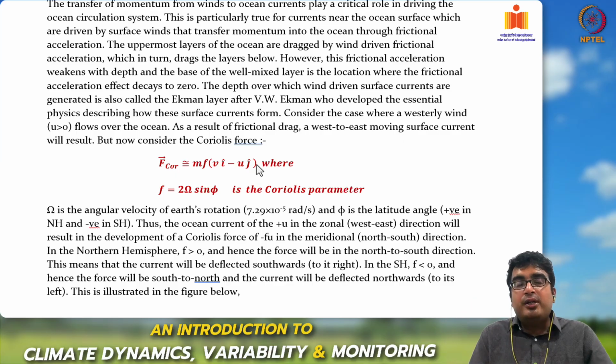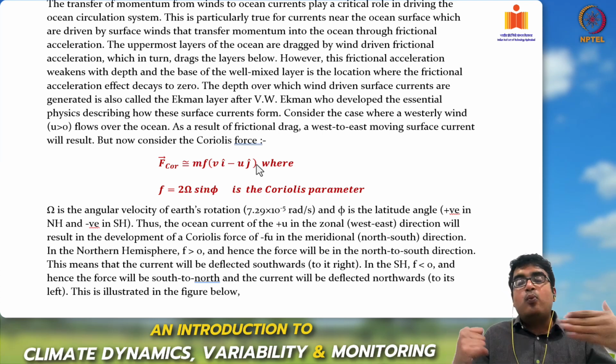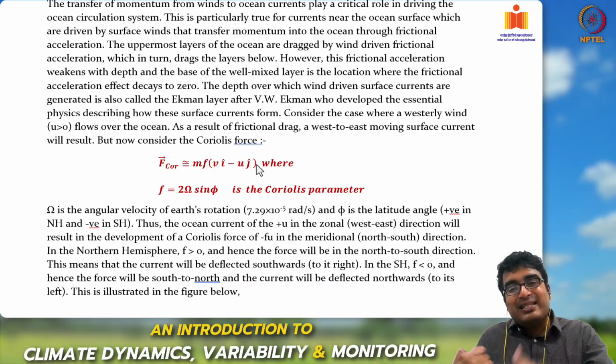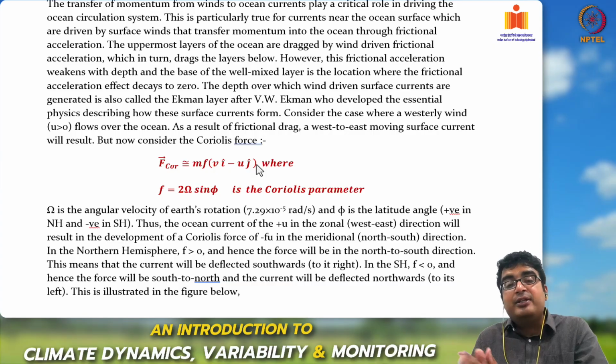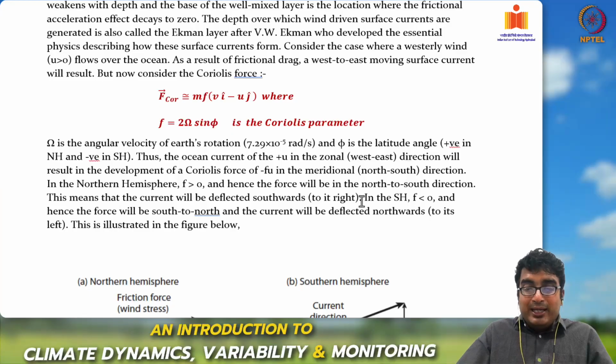Hence, that ocean current will feel an acceleration in the north to south direction. As a result, the ocean current will be diverted from directly going from west to east to going towards the south. So it will be diverted towards its right. This means that the current will be deflected southwards to its right.